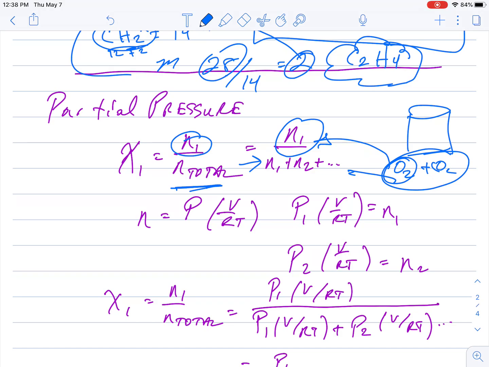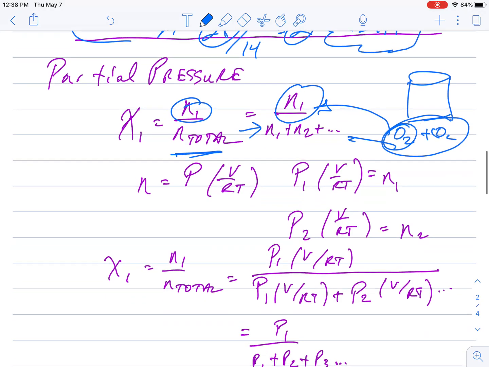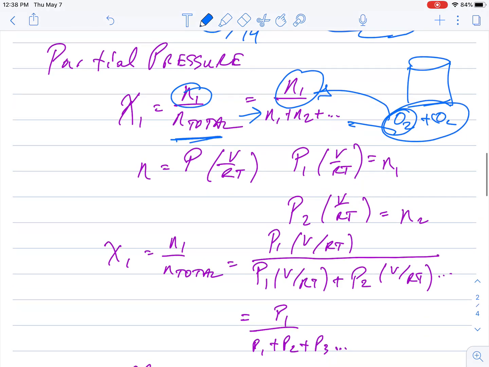Now, here's the other way that you can look at this, in terms of doing a little bit of creative math. If you take the ideal gas law, PV equals nRT, and you solve for n, you've got pressure times volume over RT. So I separated this out as a separate entity.